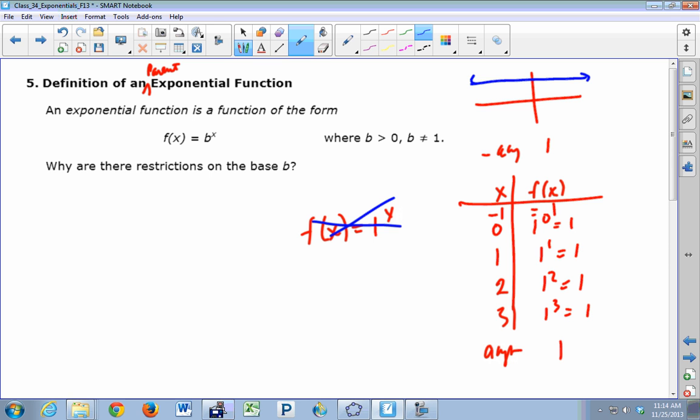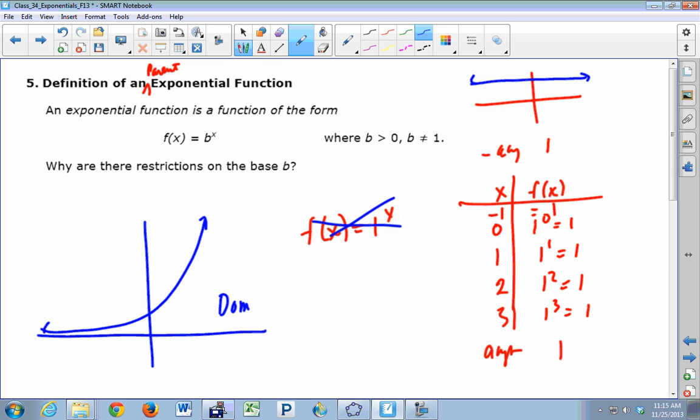Why can't b be a negative number, for example? Well, remember here on your exponential functions you just looked at a minute ago, what was your domain here? What's the values of x that I can put into my function here? Everything, right? All real numbers. Domain's all real numbers. We write that negative infinity to infinity with parentheses.